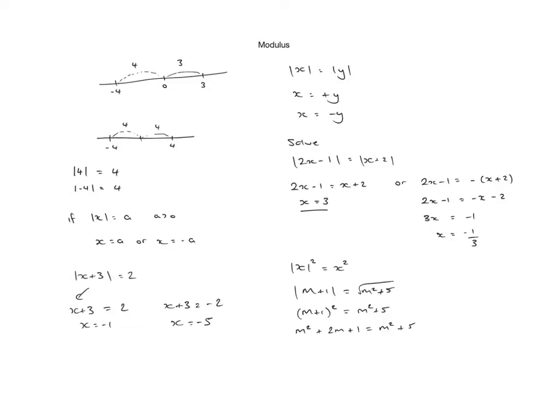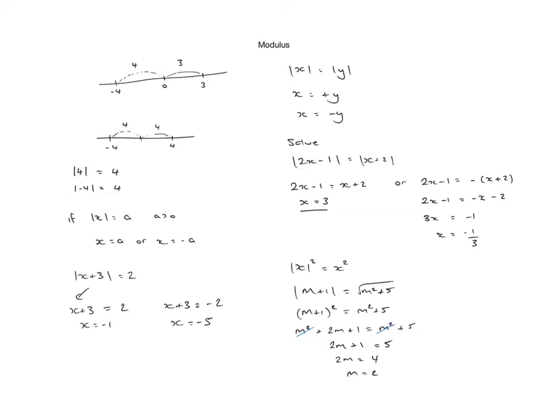Notice there's m squared on the left and the right hand side, so they're going to disappear. And we are then left with 2m plus 1 is equal to 5, 2m is equal to 4, therefore m is equal to 2.